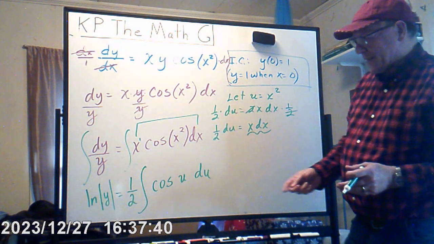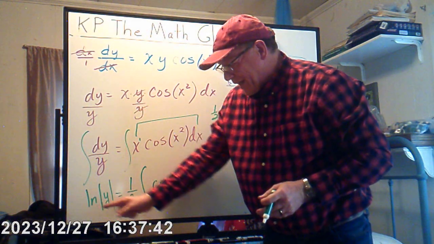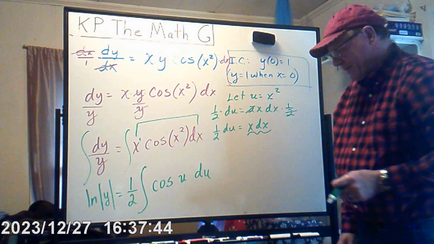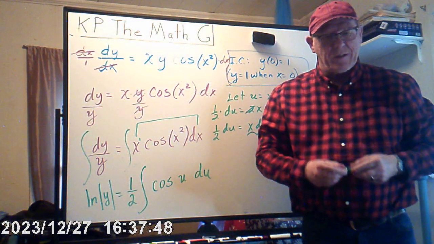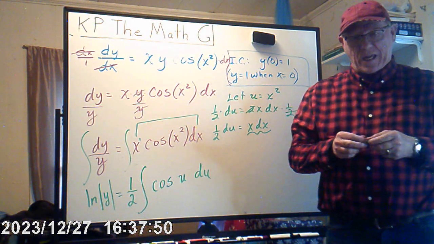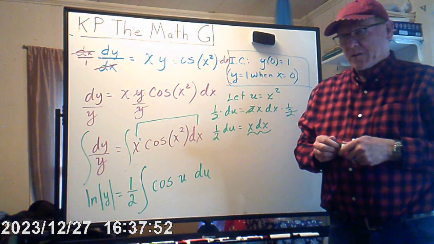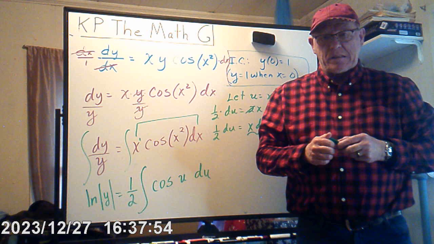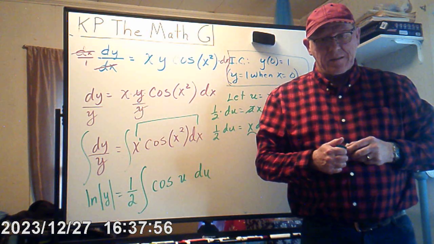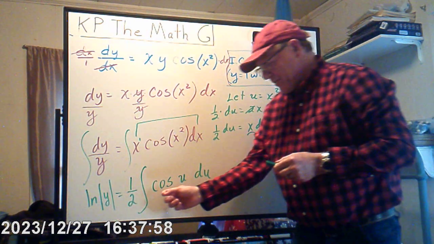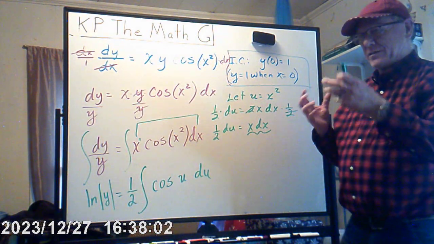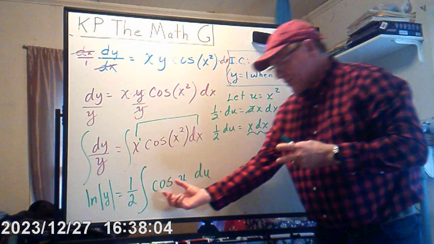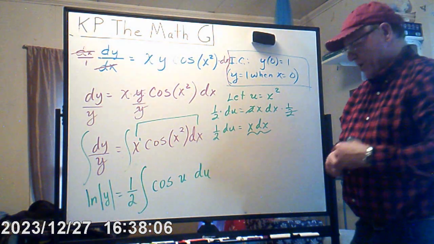Now, I've already integrated this left side. That's just ln y. I have to integrate this. Well, what's the antiderivative of cosine? Derivative of cosine is negative sine, but the antiderivative of cosine is sine, simply because the derivative of sine is cosine. So here we go.